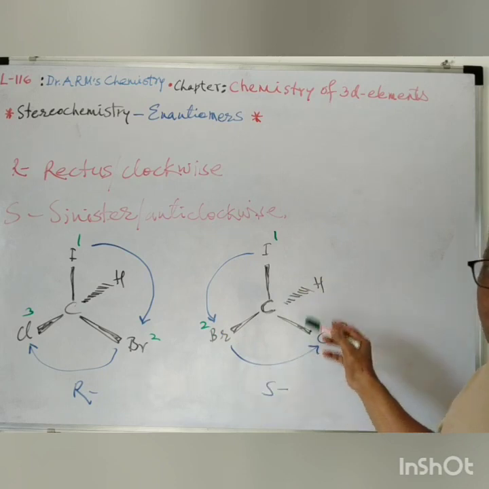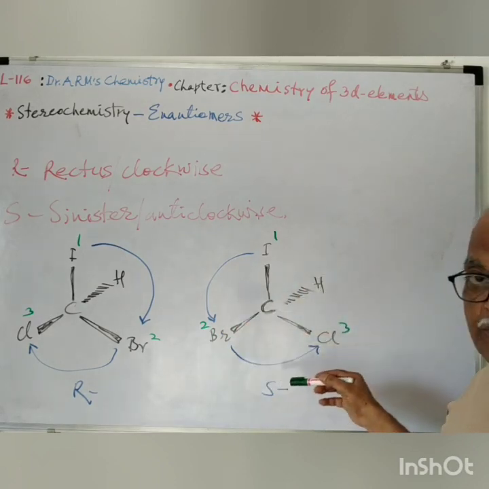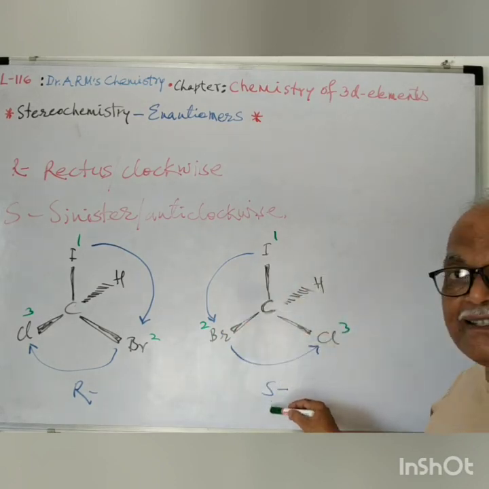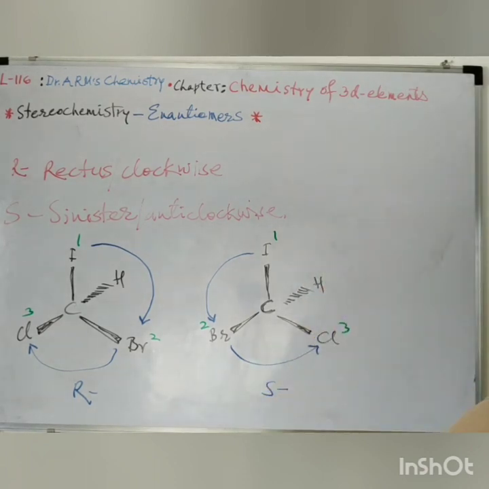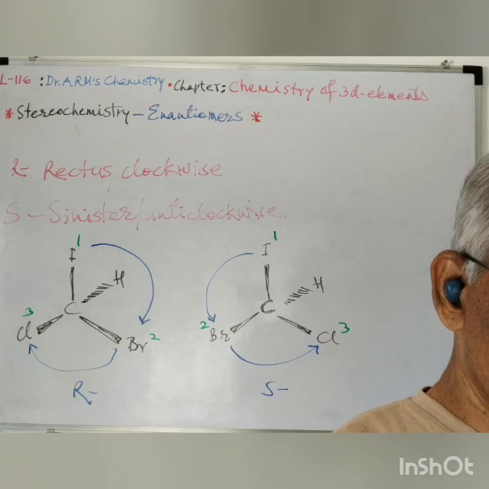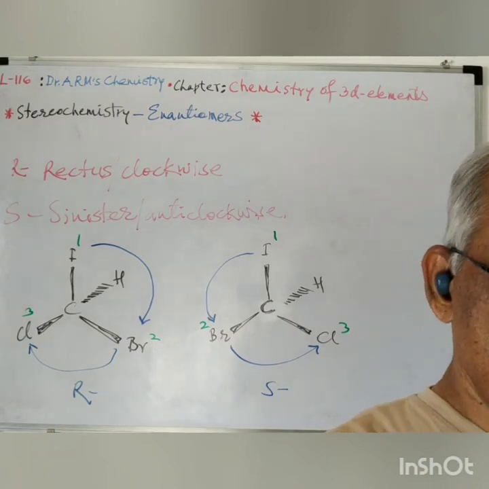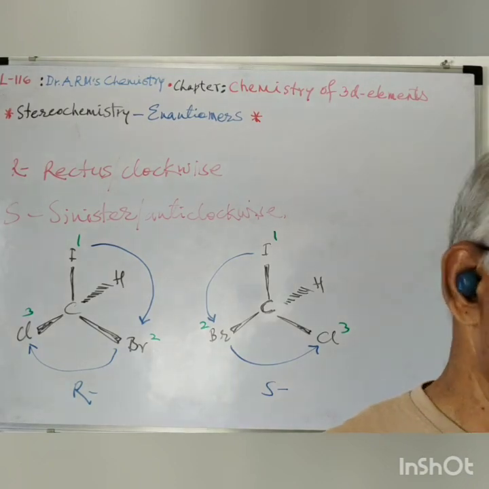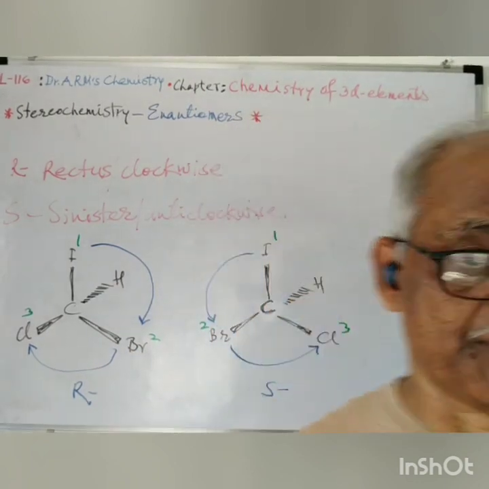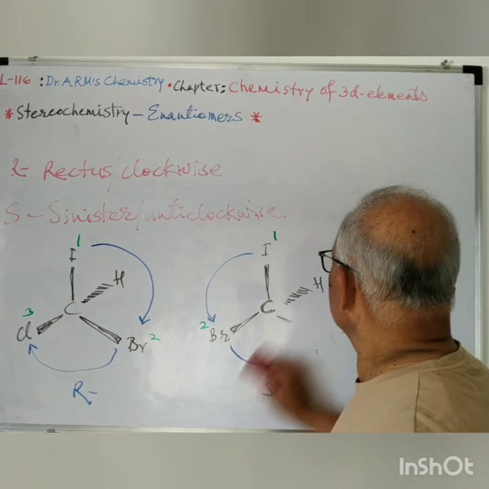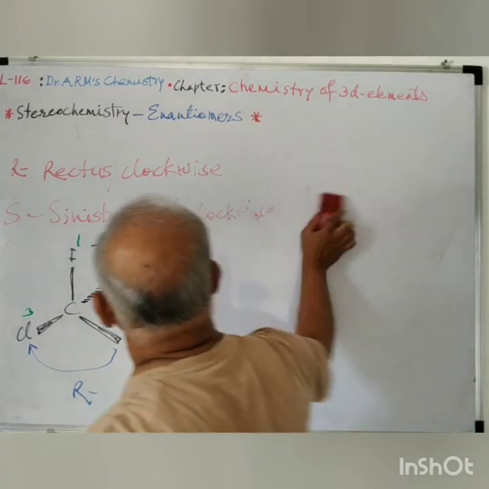So the anti-clockwise direction is shown here. So it has sinister isomer or sinister structure. This notation is used for chiral origin ligands and also for tetrahedral complex. We have seen that these are tetrahedral structures. So this is about R and S.